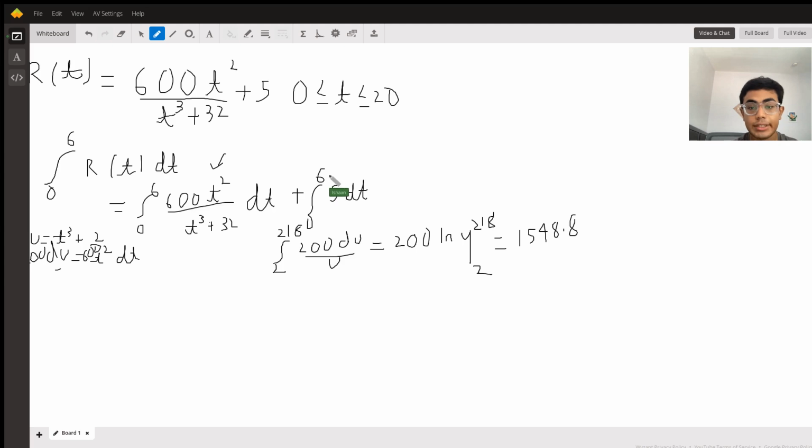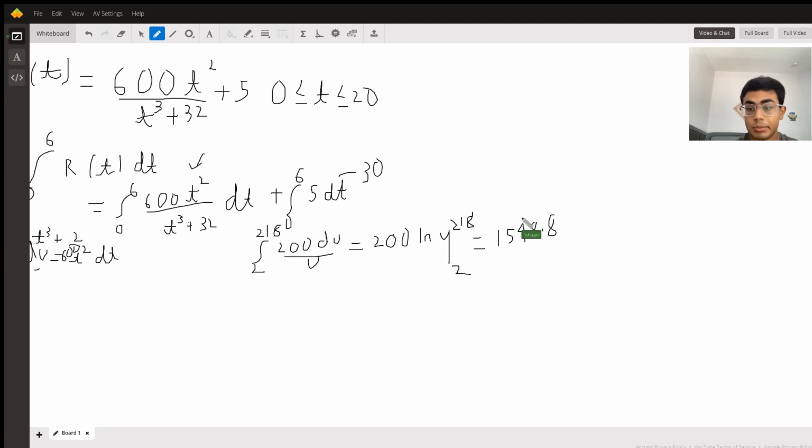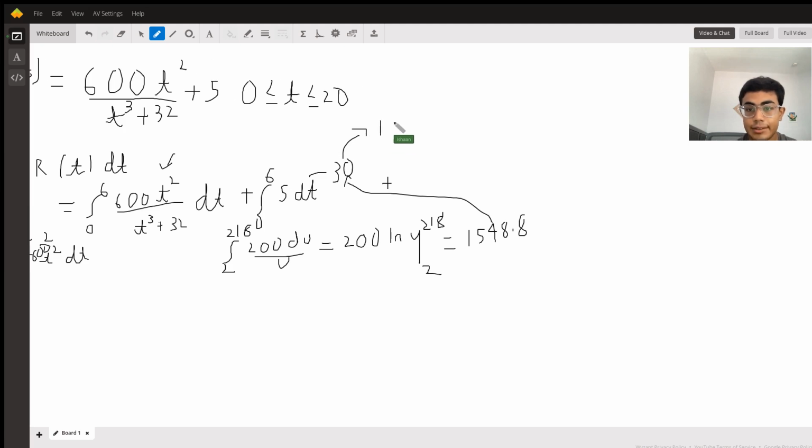For the second integral, that's just 5 times from 0 to 6. So 5 times 6 is equal to 30. Then our total amount of barrels will be 1548.8 plus 30, which would give us 1,578.8.